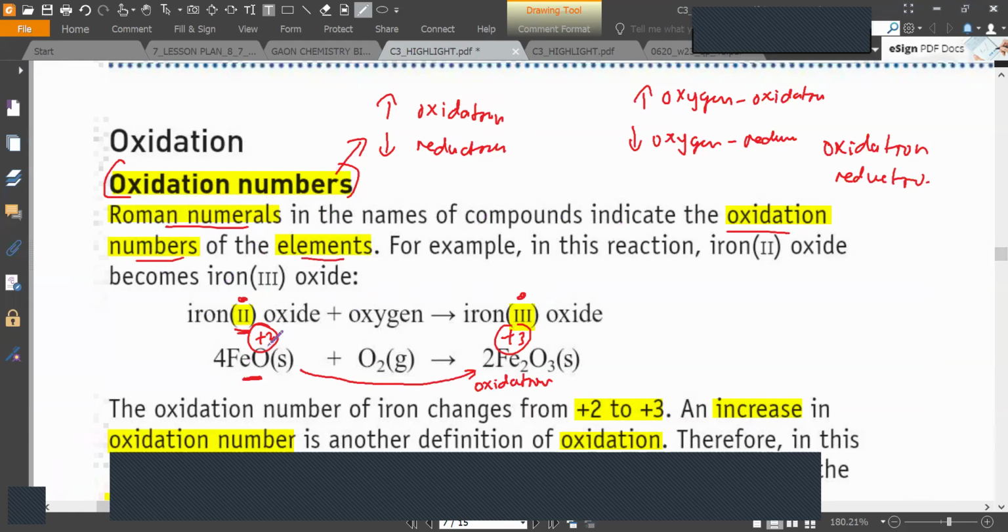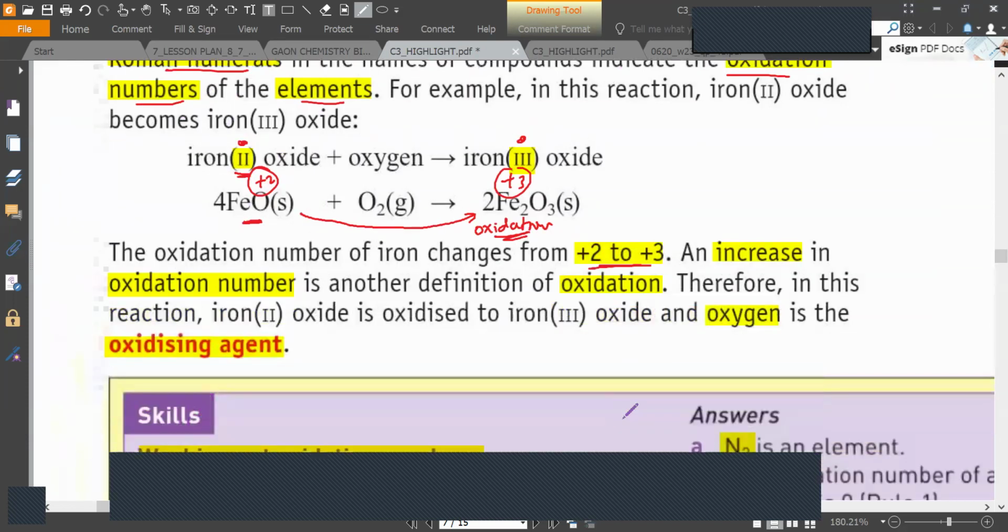So going from +2 to +3 is oxidation, and this is how we recognize an oxidation reaction. The oxygen here is the oxidizing agent, because it oxidized this ion from +2 to +3.